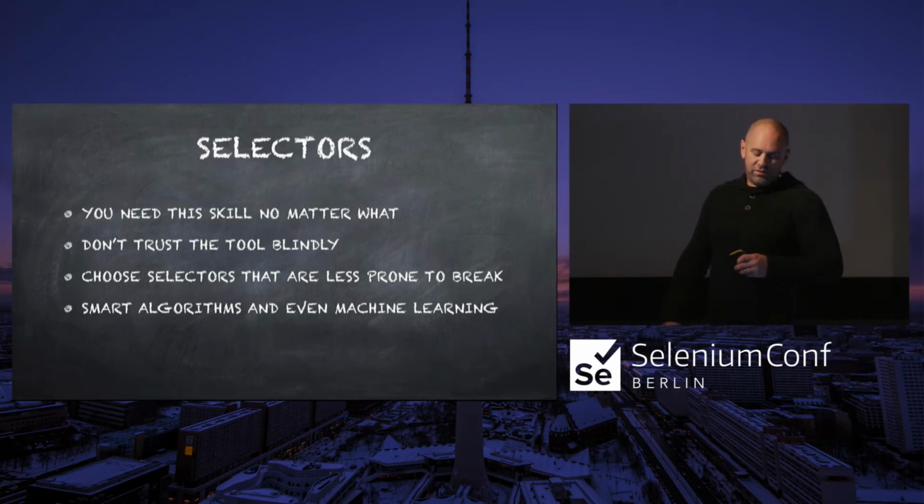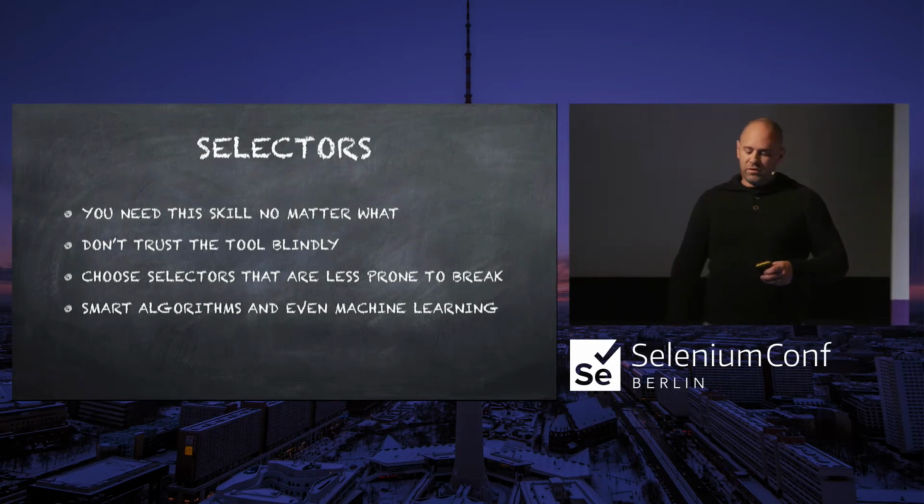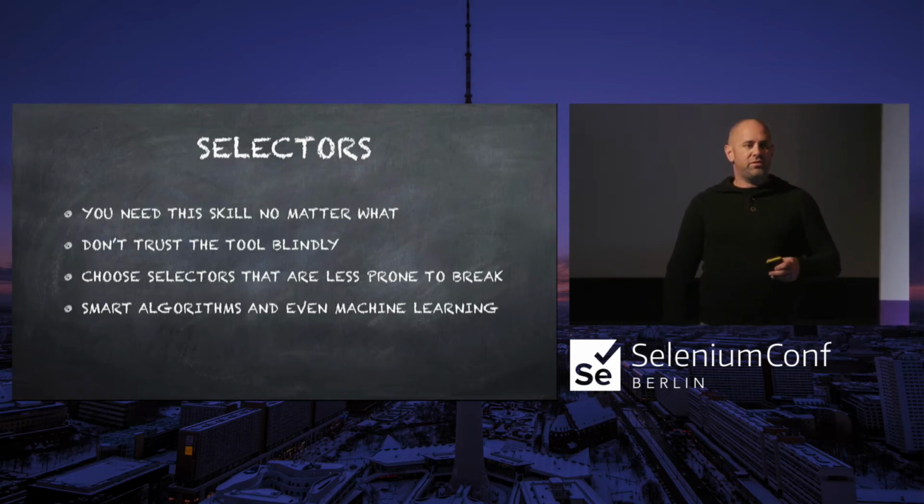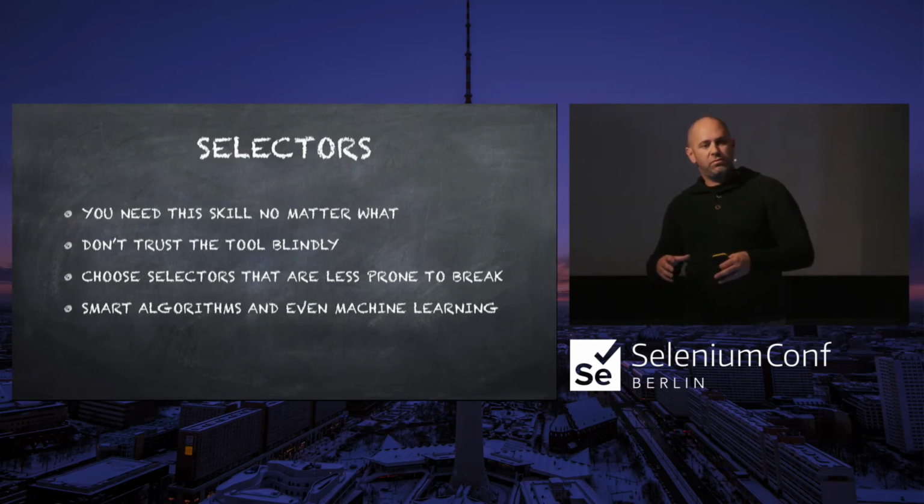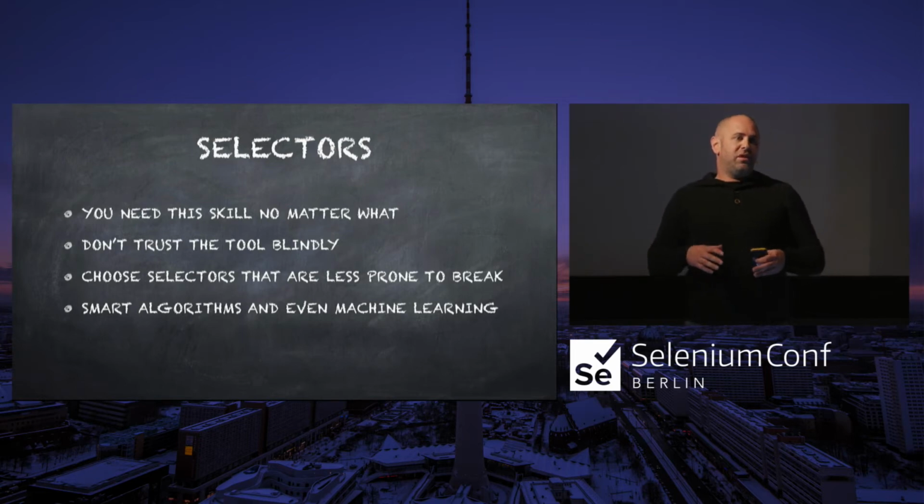Also, it's worth mentioning that there's a lot of innovation in record playback tools lately. I'm seeing new startups creating really interesting tools that use machine learning and smart algorithms in order to collect as much information as possible on each element that the test interacts with. So they create selectors which are even smarter than the ones that you use when writing code.